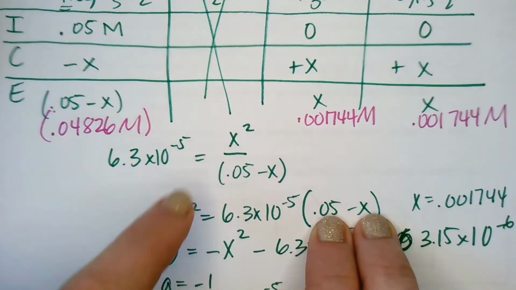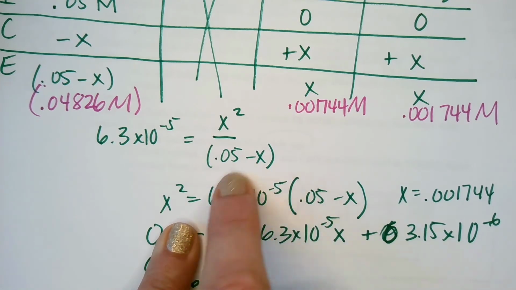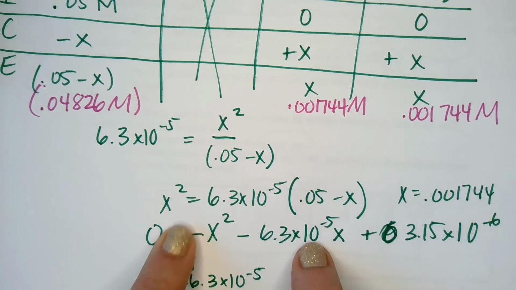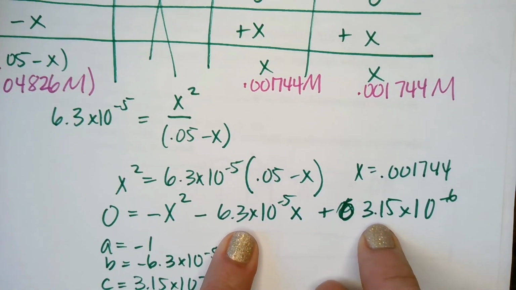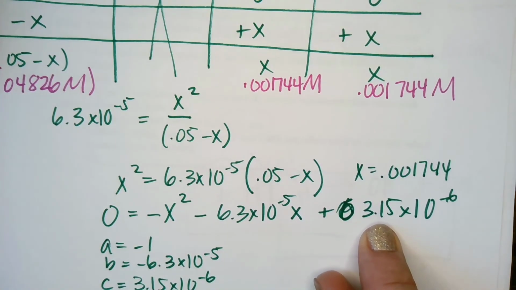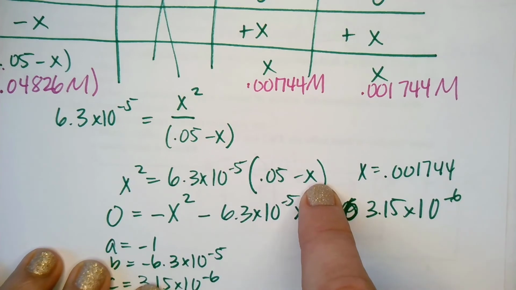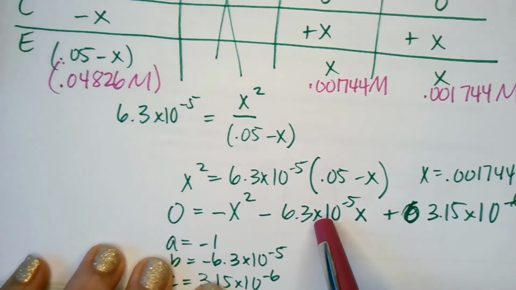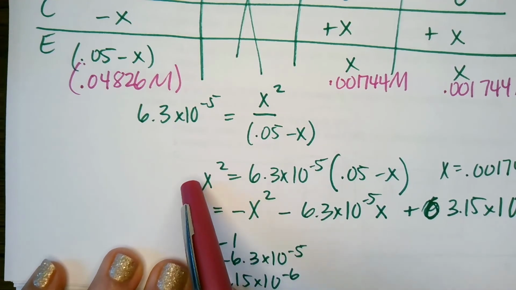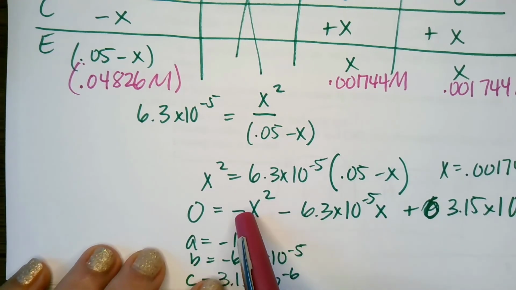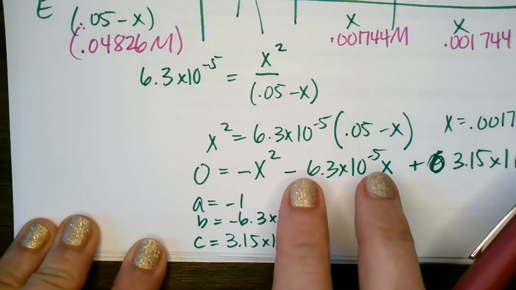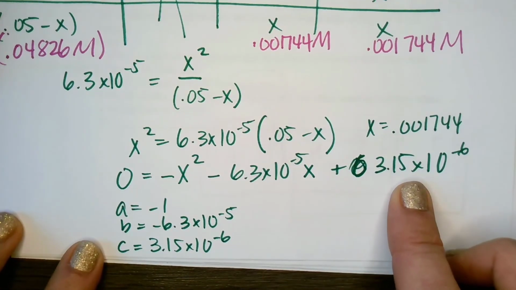We then simplified. We did 6.3 times 10 to the negative 5th times 0.05 minus X equal to X squared. We distributed 6.3 times 10 to the negative 5th times 0.05, and we got 3.15 times 10 to the negative 6. We minused, because of our minus, we're minus 6.3 times 10 to the negative 5th X. And then we subtracted X squared from both sides to get negative X squared, all equal to 0.